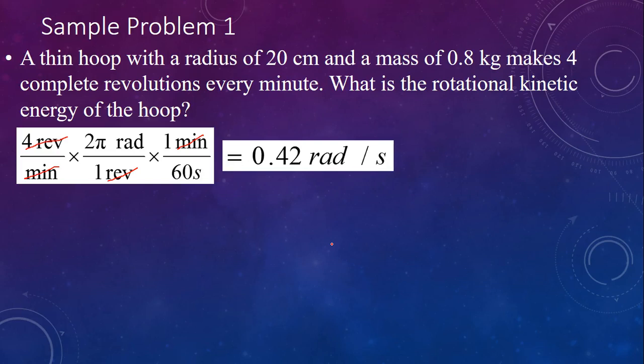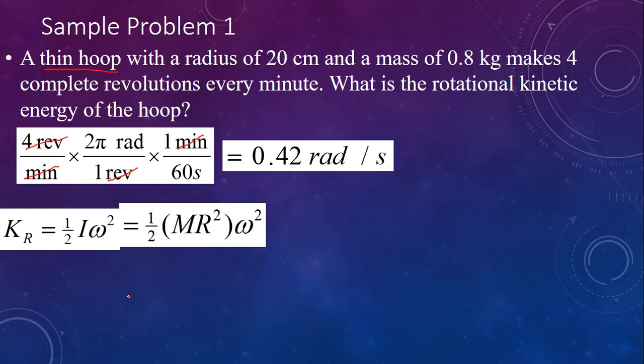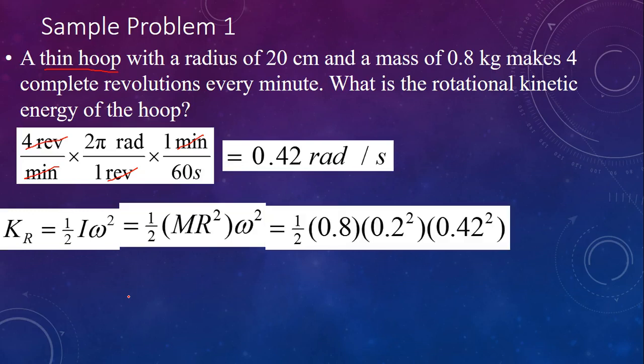So we want to use our equation that we just learned for rotational kinetic energy. We have that this object is a thin hoop. If you look on your formula sheet or on the table of information for moment of inertia, you'll see that for a thin hoop, it is equal to mr squared. So we're going to go ahead and plug that in. So for m, we want to plug in 0.8.